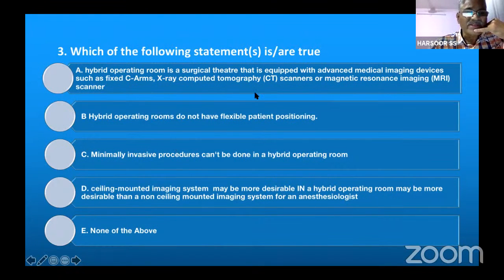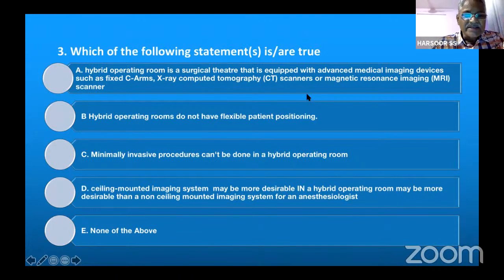Okay, the third question. Which of the following statements is correct? A hybrid operating room is a surgical theater that is equipped with advanced medical imaging devices such as C-arm X-ray, CT, and MRI units. Or, hybrid operating rooms do not have flexible patient positioning.